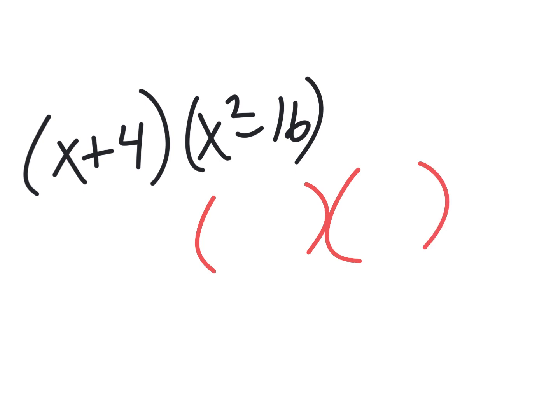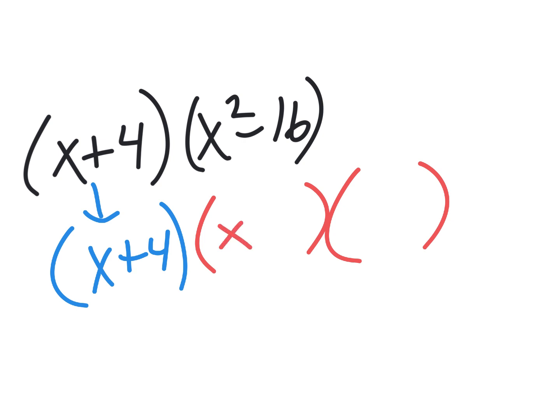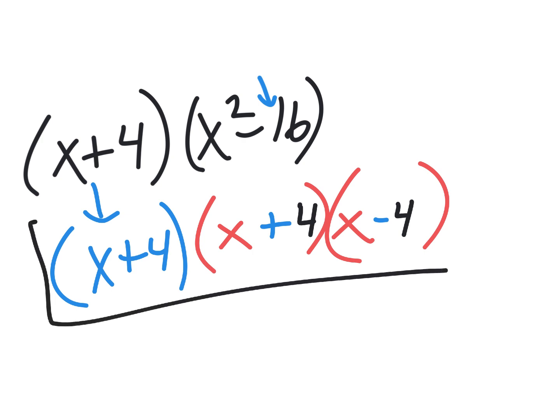And it could be into, I'm just going to replace this x plus 4 down here. The red ones would be x and x, I say three-step process, plus and a minus because I need a negative 16. And, come on, you can do it. 4 and negative 4, there it is. That's factored all the way.